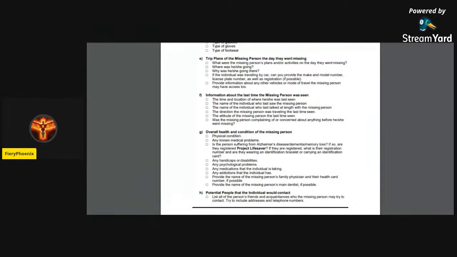If they are registered, what is their registration number? And are they wearing an identification bracelet or carrying an identification card? That's a good idea. I want to do some more work on finding out what that is. Hey, Stephen, welcome to my missing persons.